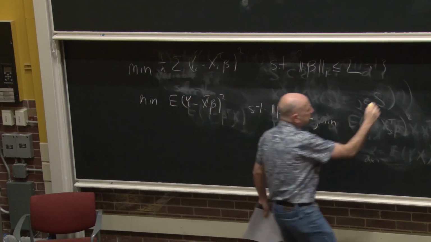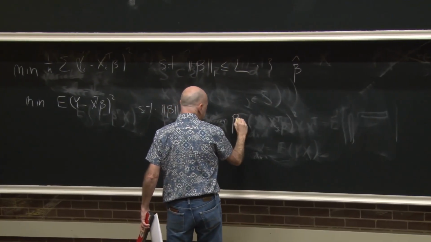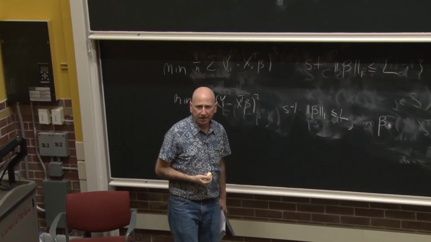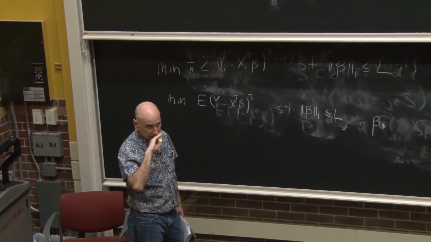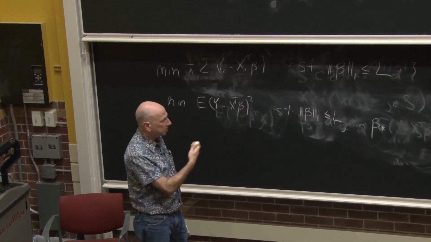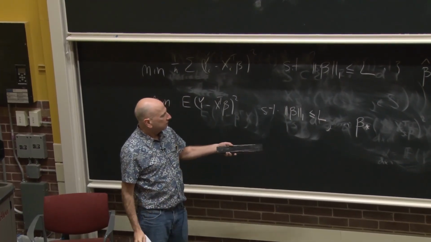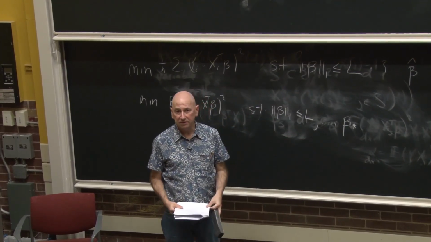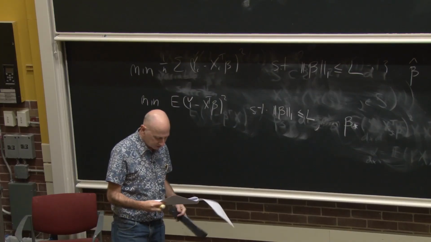So this is going to give us an estimator, and this is something we can't ever compute, but it's the population target. So just like in low-dimensional regression, we talked about the best linear predictor, now we're talking about the best linear sparse predictor. And so what we'll prove next week is this theorem, that the risk of this thing comes very close to the risk of this guy, which I call the master theorem.